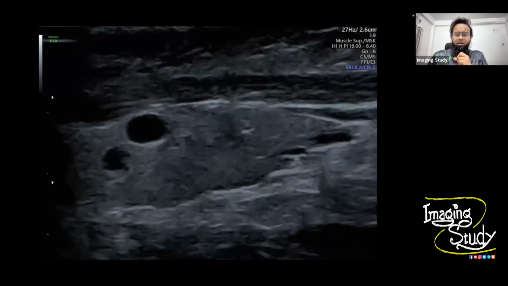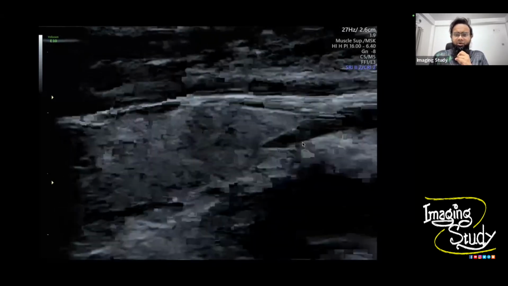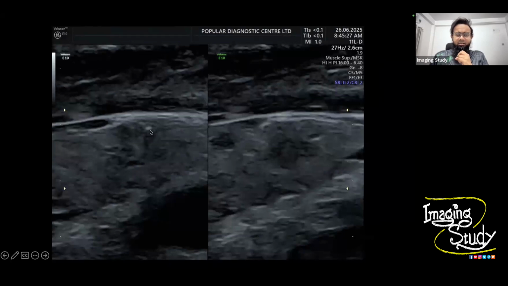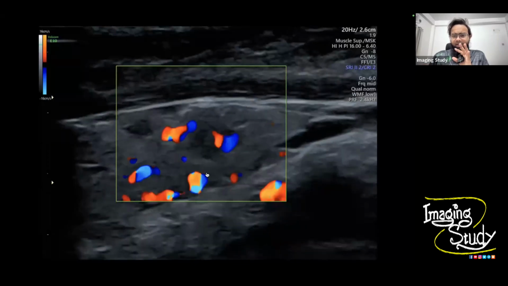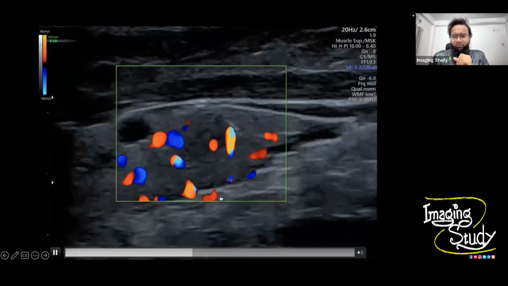But okay, so let's look at the area. You can see this is quite irregular, and these are the echogenic foci. Sometimes they won't cast a shadow because it is a millimeter. So we put some Doppler. You can see a good amount of vascularity, but be careful.